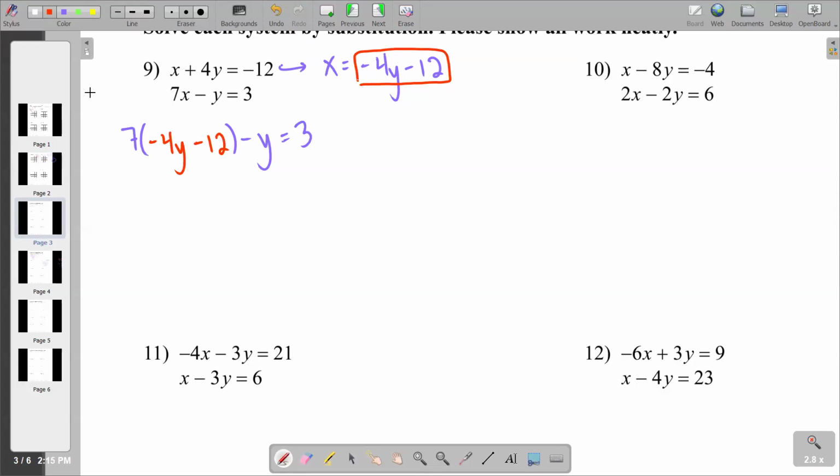And then from here, we just want everything to go like, come on, basic skills, right? So when we distribute, what do we get there? Careful. Nice, negative 28Y. And then how about this one right here?